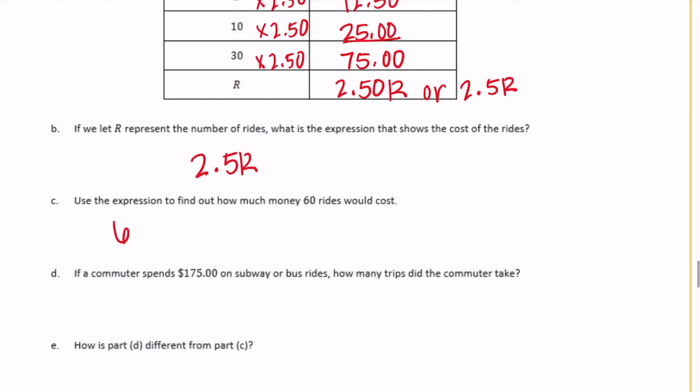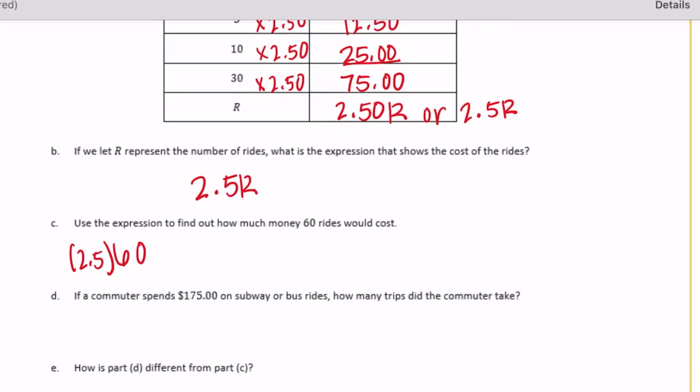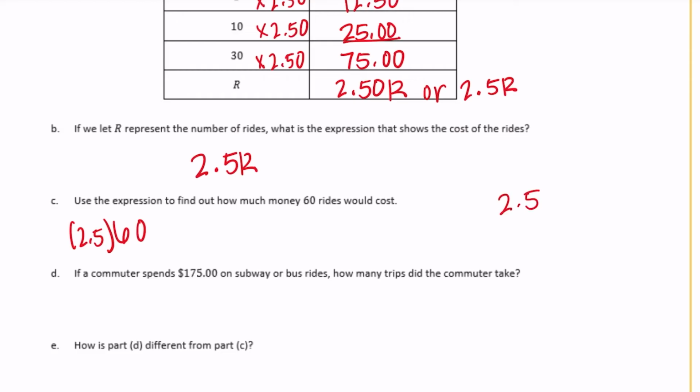So 60 rides, we need to multiply that by 2 5/10. So we can either multiply it out, or you can use other strategies. I'll multiply it and then I'll tell you another strategy. So 0 times 5 is 0, 0 times 2 is 0, put my 0 down. 6 times 5 is 30, carry the 3. 6 times 2 is 12, plus 3 is 15. Add it together.